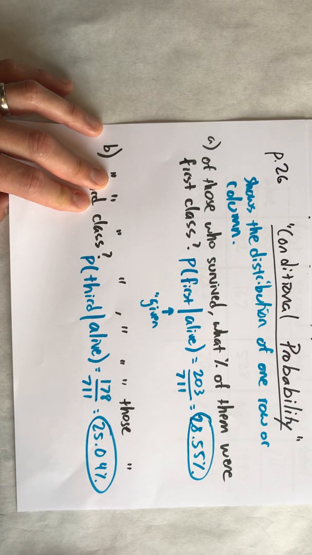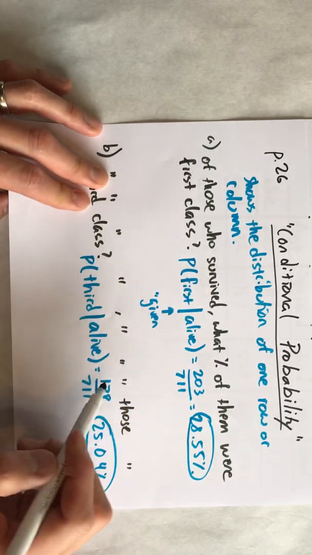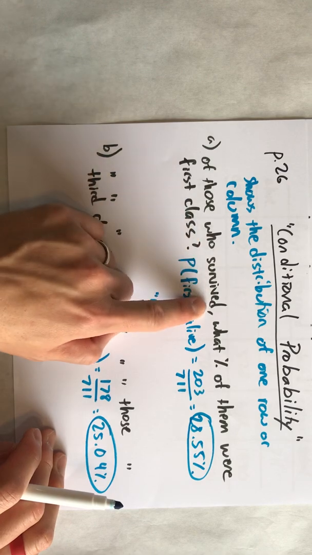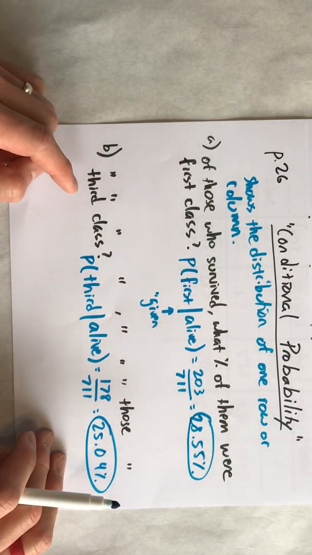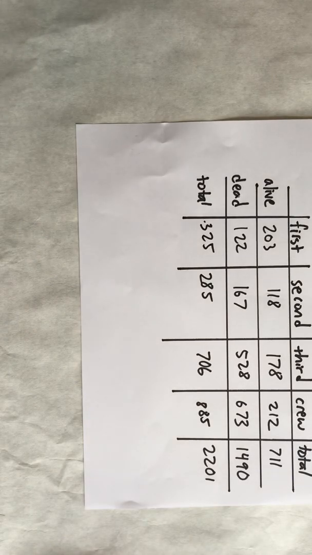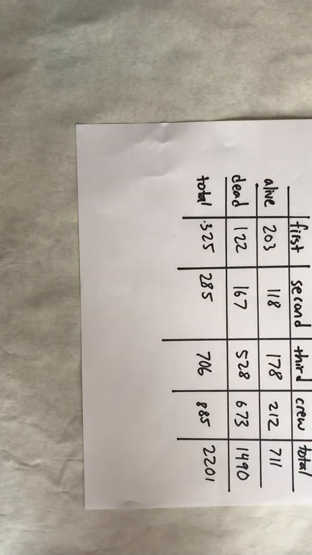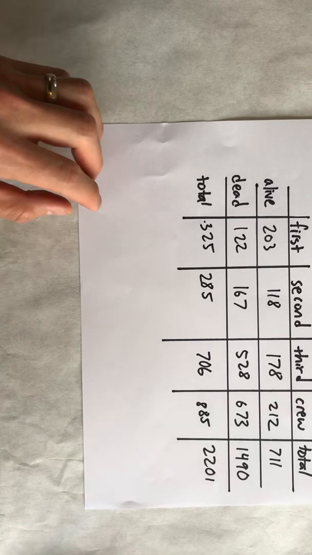Another interesting one to look at, maybe we were looking at the wrong data. If you did the same thing, instead of saying of those who survived, let's look at of those who died. I need a sheet of paper. Okay, let's just do it right here.